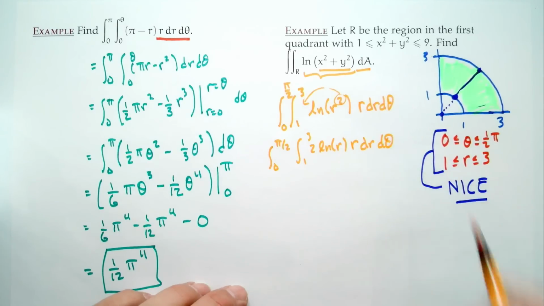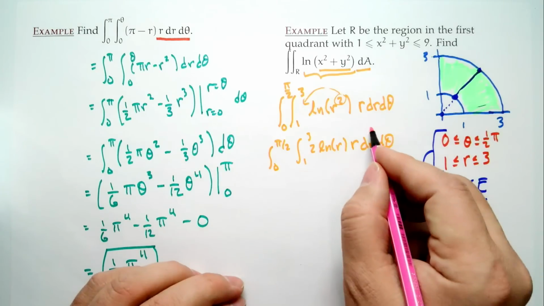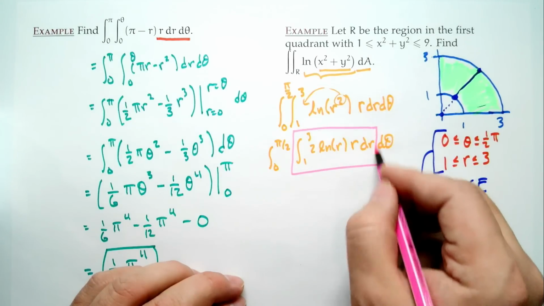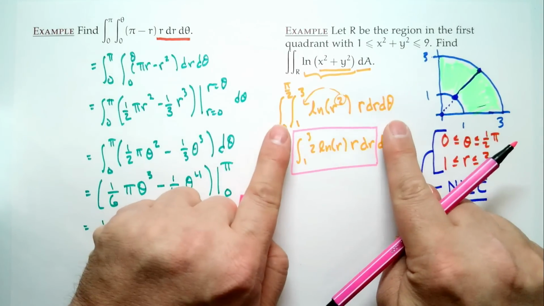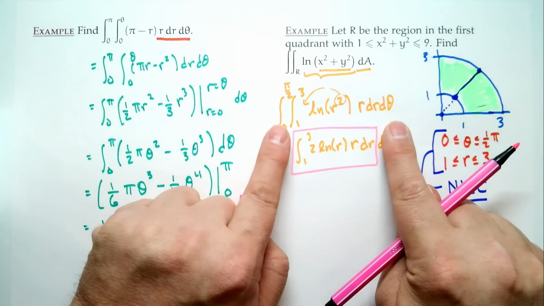dr d theta. And this is actually a case where we can pull things into 2 integrals. Because if you look at our integral right now, there's this inner part here. Ignore the theta for a second. What's true about our inner part? It's going to be a number.